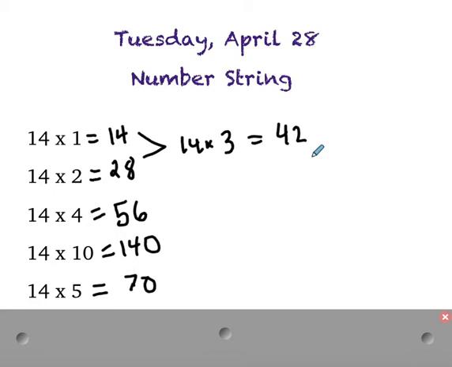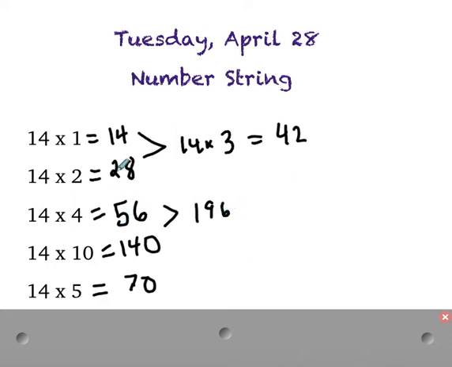Similarly, if you wanted to find 14 times 14, you could take 56 plus 140 because 14 times 4 plus 14 times 10 is the same thing as 14 times 14, and that's going to give us 196.